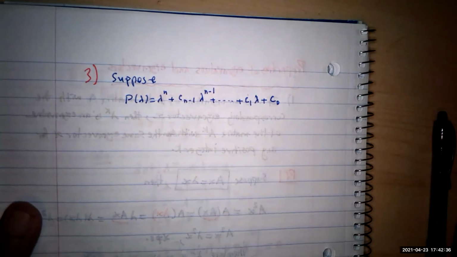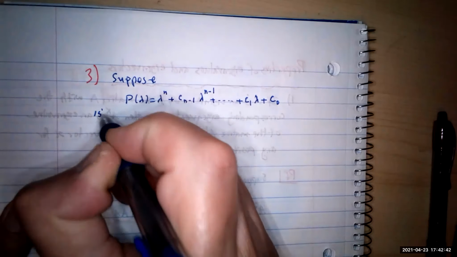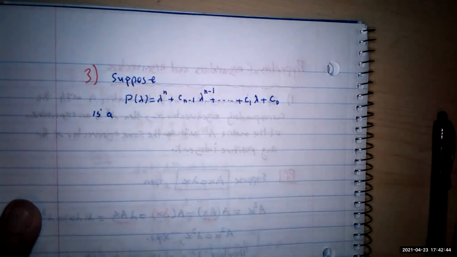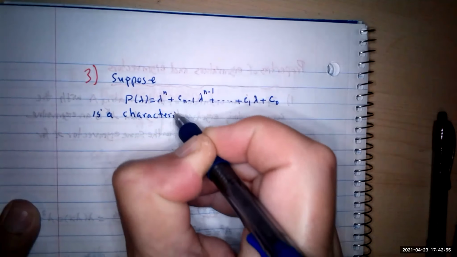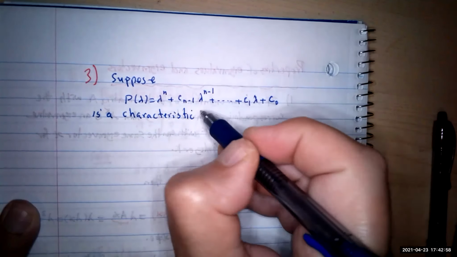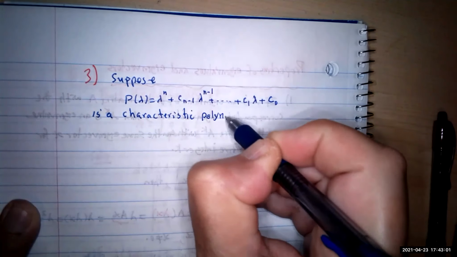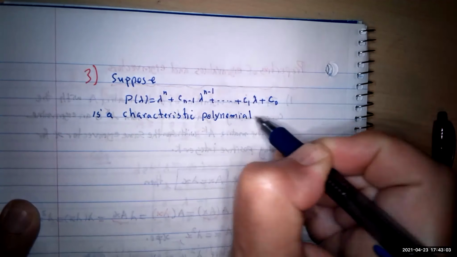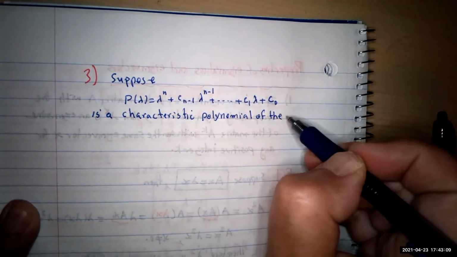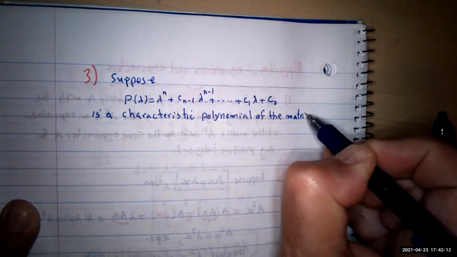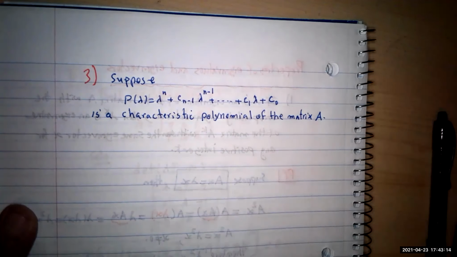Suppose this is the characteristic polynomial of the n by n matrix A.